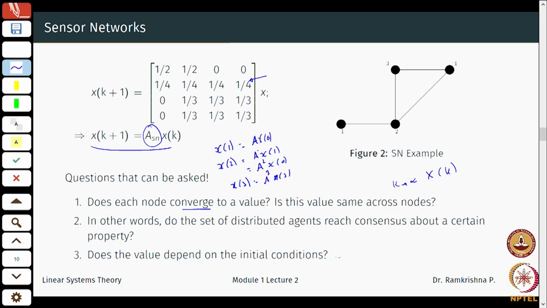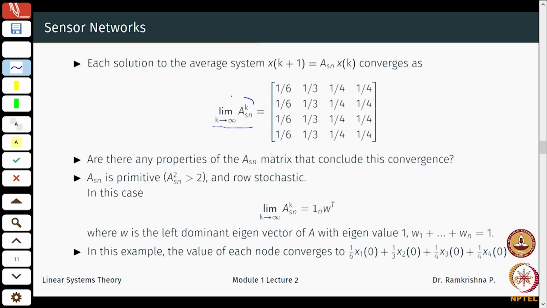Therefore, if I look at the time evolution, I am just interested in computing the powers A square, A cube and so on. So, convergence at infinity, I am just interested in computing this. But I don't really know how to compute this, even with any powerful computing tool.